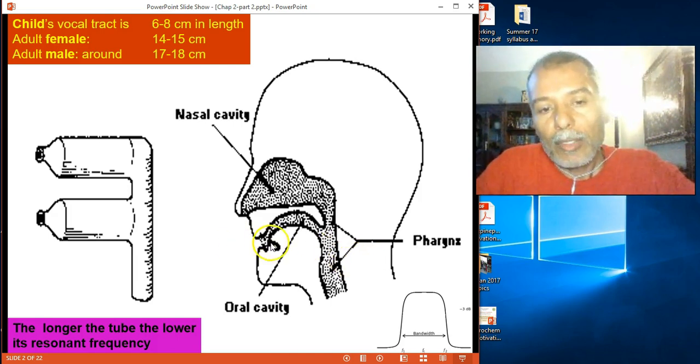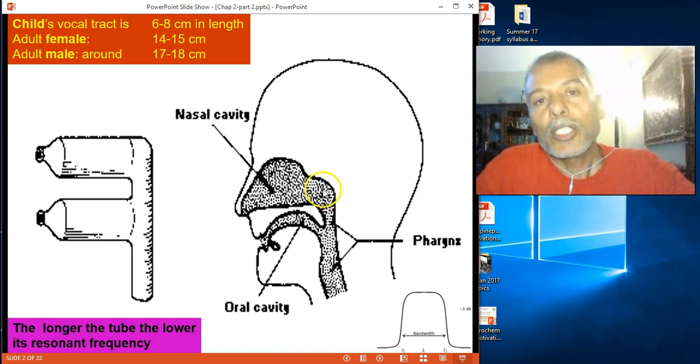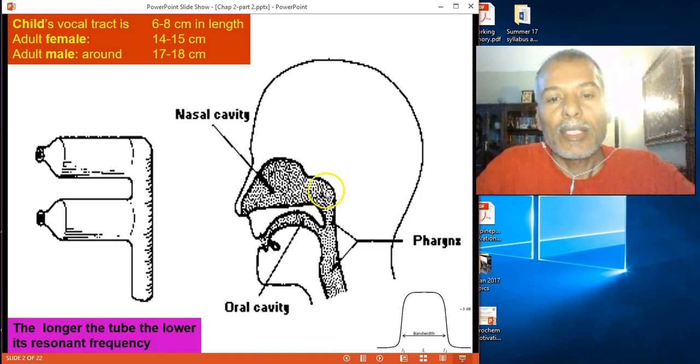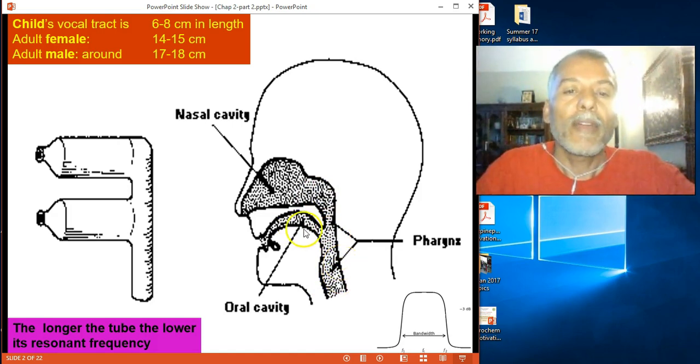The area of the pharynx across from the oral cavity is called the oropharynx. The top area of the pharynx, in the nasal cavity, is the posterior end of the nasal cavity. So these three parts, the nasopharynx, oropharynx, and hypopharynx, make up that vertical tube that is the pharynx.